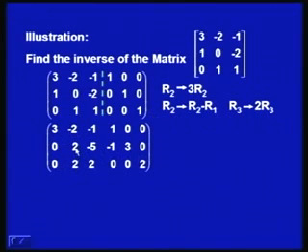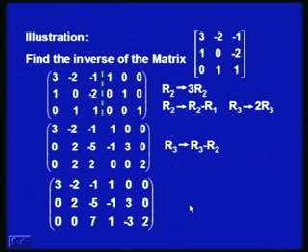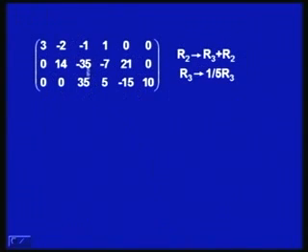So this is now subtracted. R3 is R3 minus R2, so even this will become 0, and then this has to be made 0 and this has to be made 0. So R2 is 7 times R2 and R3 is 5 times R3, and that will make the two coefficients equal.